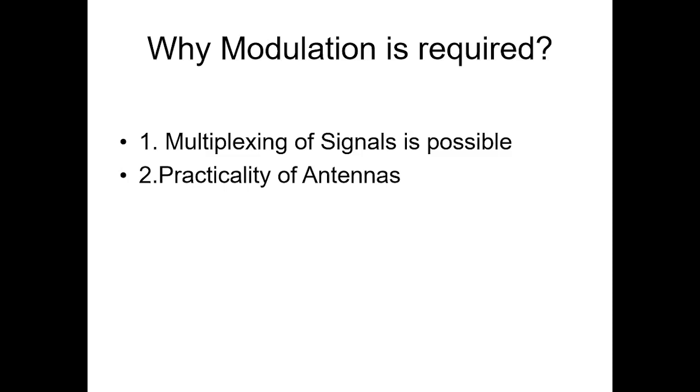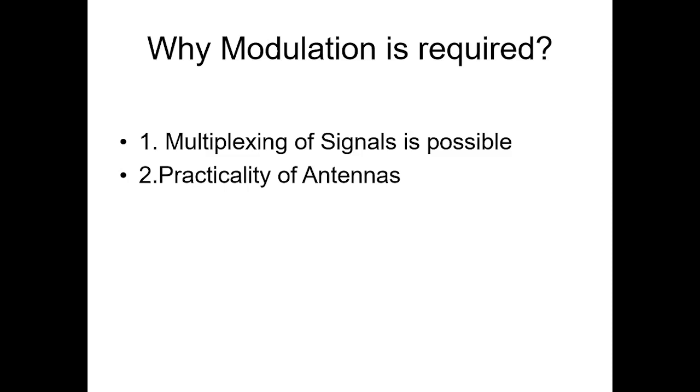So why is modulation required? We can combine multiple signals, that is multiplexing of signals is possible because of modulation, and there is the practicality of antennas. In order to transmit the information signal over a distance for long haul communication, we need a large antenna, or the height of the antenna will be more.